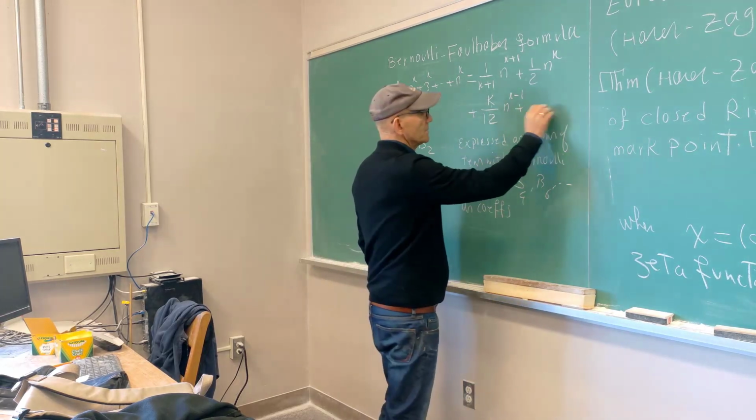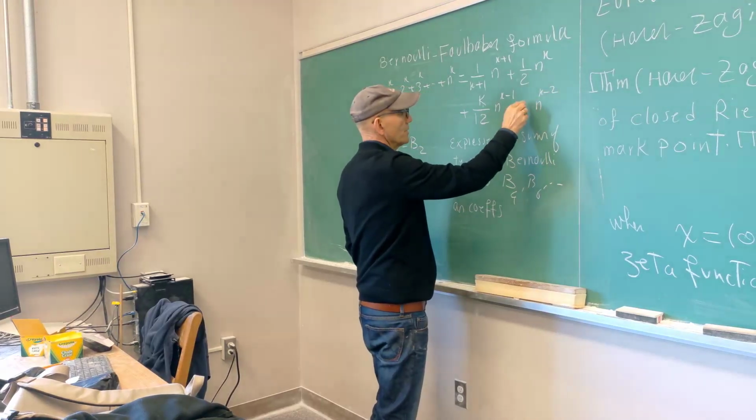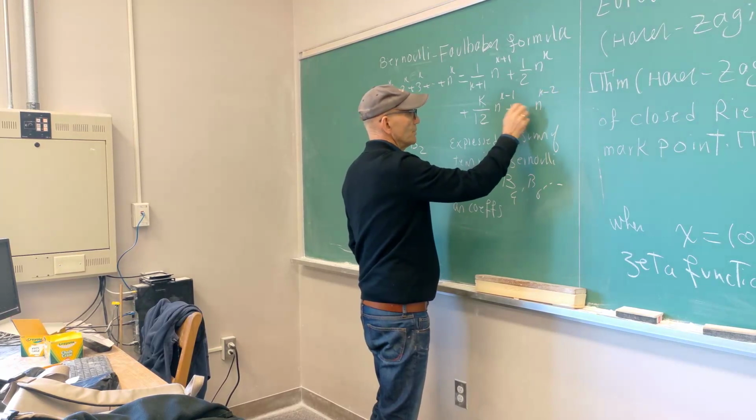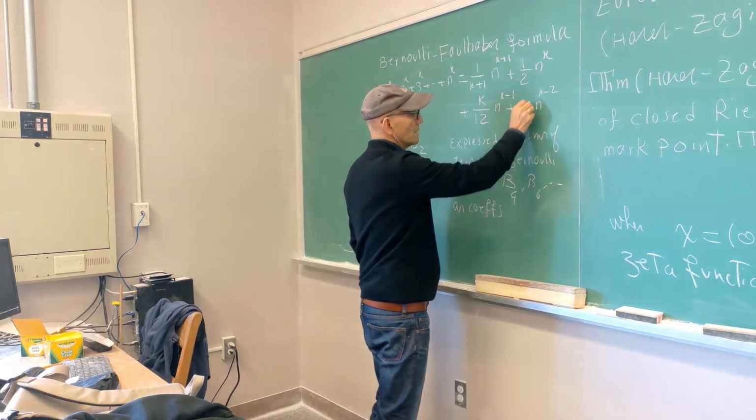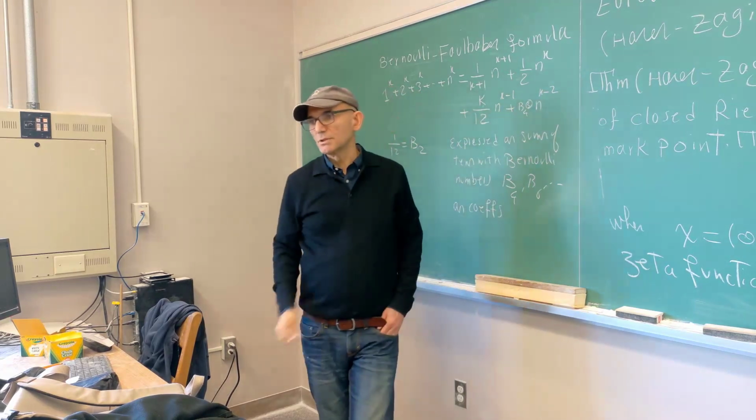I mean, the next term is n to the k minus 2, and there is some Bernoulli number here, and then some rational number, but this is for later.